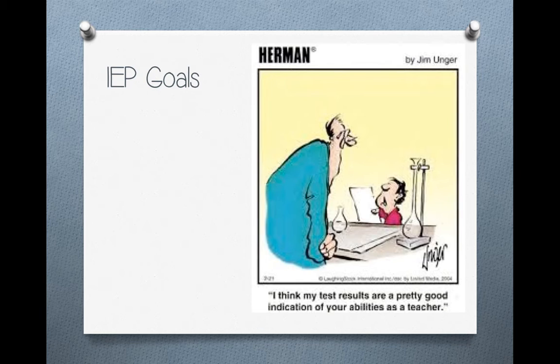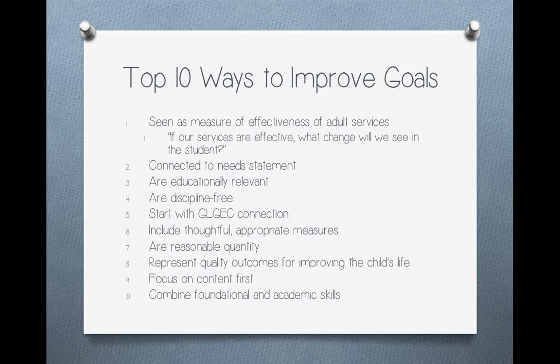Okay, so we're going to move right into the list, and this little cartoon about, I think my test results are a pretty good indication of your abilities as a teacher, leads into the first of the top 10 ways to improve goals, which is, a goal is actually a measure of effectiveness of adult services.